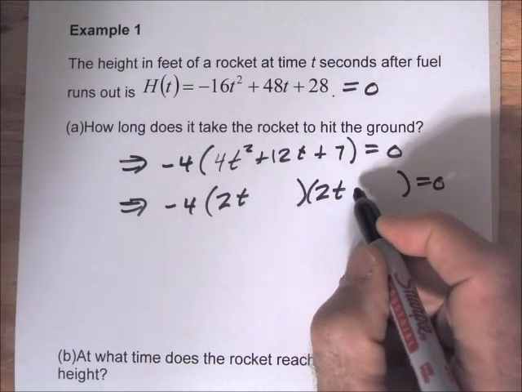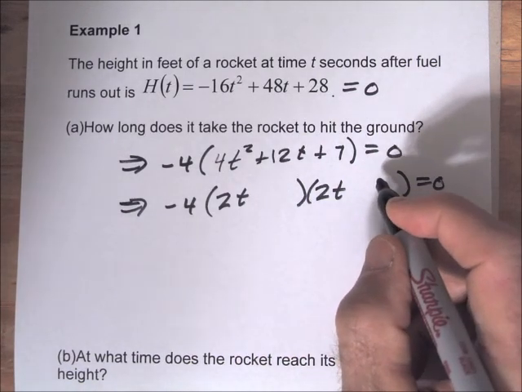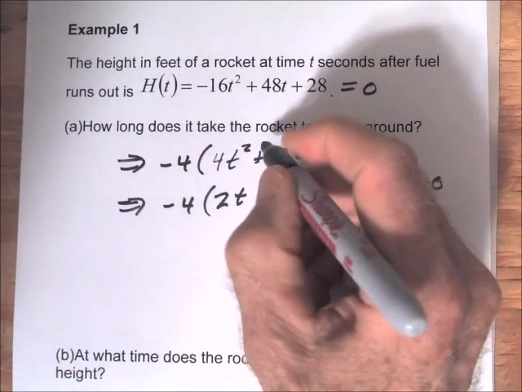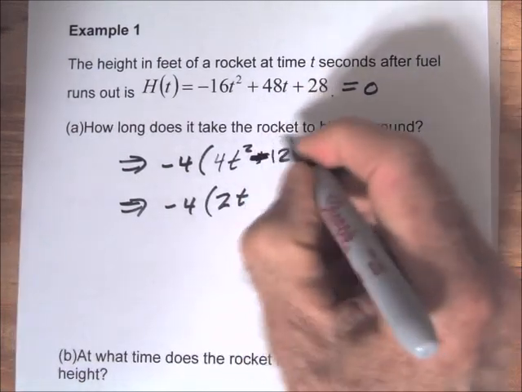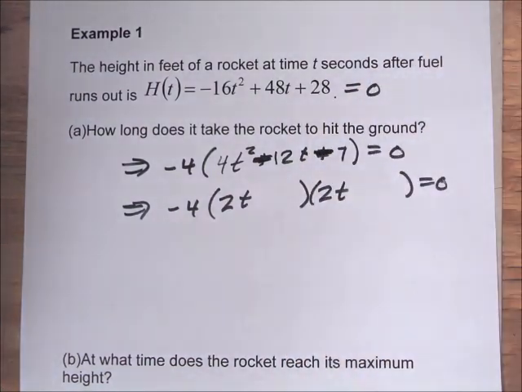I got the signs wrong here. This is -12t, and this is -7. So we want either a positive 1 times a negative 7, or a negative 1 times a positive 7.